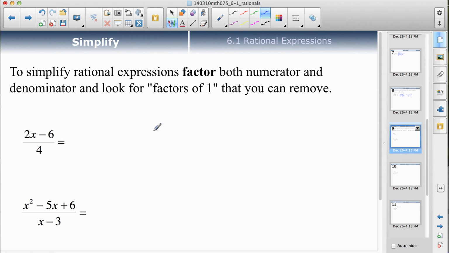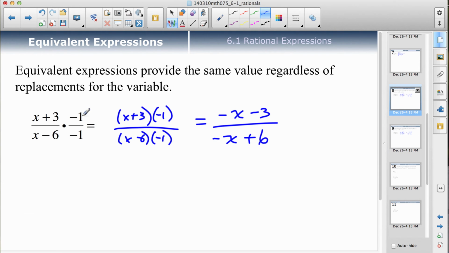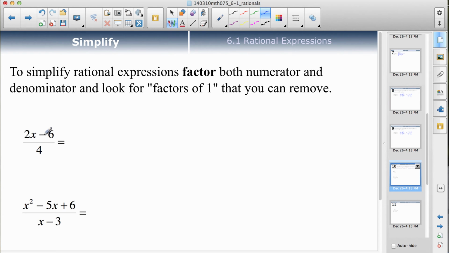Okay, so when we're looking to simplify a rational expression, I want to use that same concept that I was doing here, that I could multiply both top and bottom by something, but also maybe if I rewrote an expression to have the something the same on the top and bottom, that I could cancel those. Here's an example. If I have 2x minus 6 over 4, I could simplify that by factoring the top. So the top, I can factor a 2 out. It would leave me with x minus 3. And then on the bottom, instead of 4, I know 4 is 2 times 2.